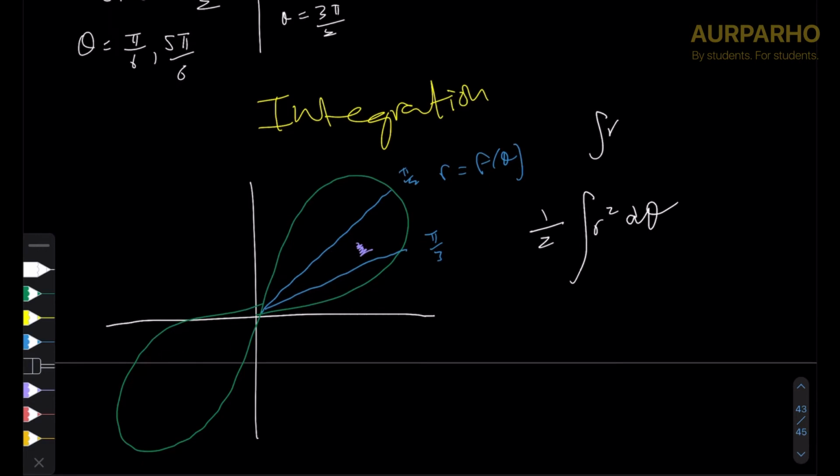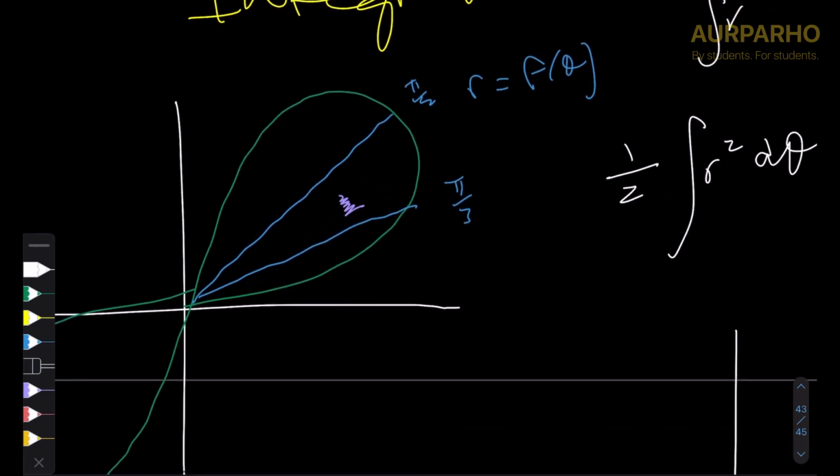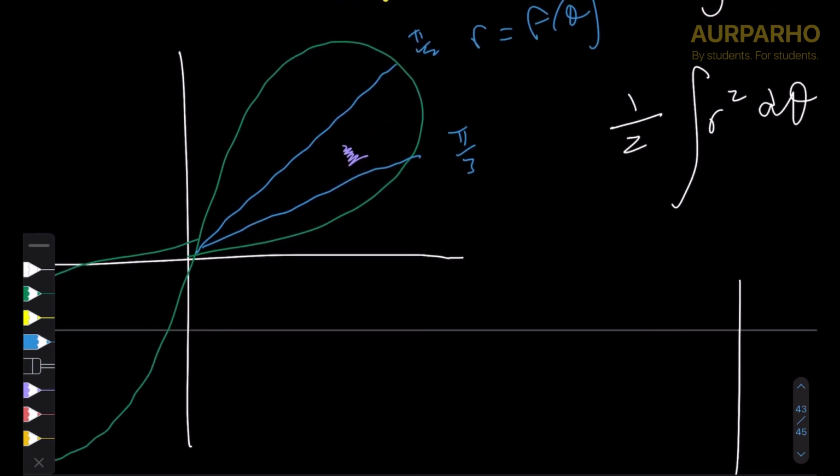And let me show you why this makes sense. If I take this specific graph, and if I start chopping it into finer and finer portions, with some change in theta, right?